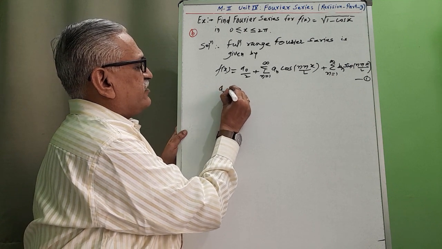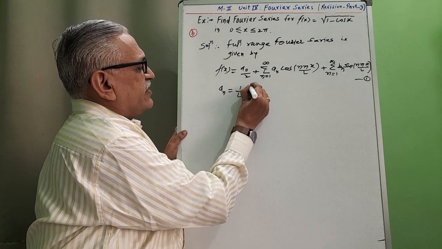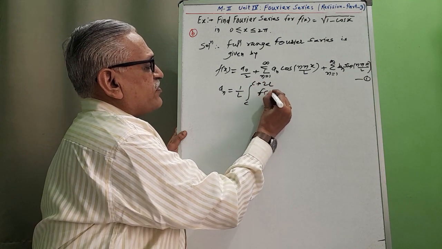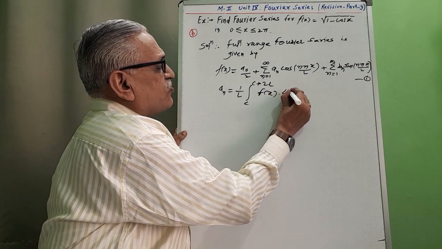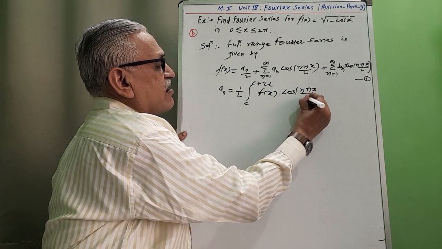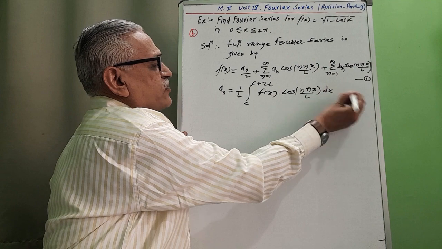The formula to find an is 1 by L integration from c to c plus 2l f of x into cos of n pi x by L, and its integration with respect to x.